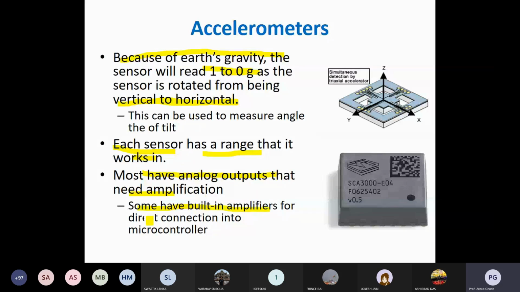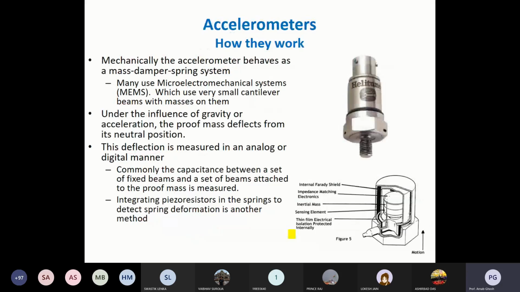Mechanically, an accelerometer behaves like a mass-damper-spring system, a MEMS, a micro-electromechanical system, under the influence of gravity. With acceleration or retardation, the proof mass deflects from its neutral position. The deflection is measured in an analog or digital manner.